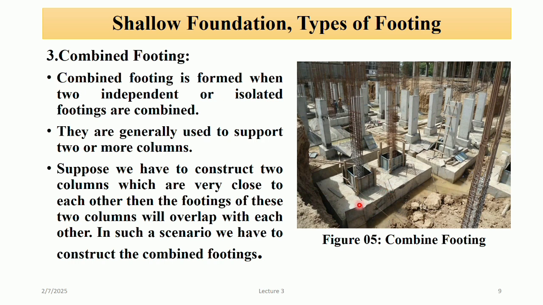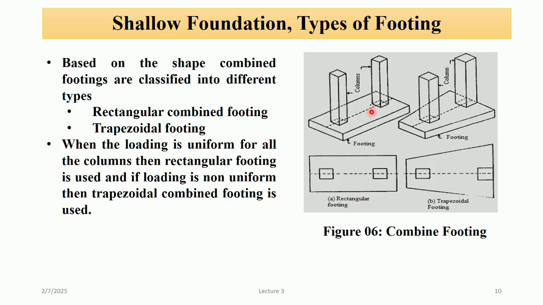Its advantages: it increases stability, it reduces soil pressure, and combined footing can be more cost effective than constructing separate footings for each column. Based on shape, combined footing has two types: rectangular combined footing and trapezoidal combined footing.